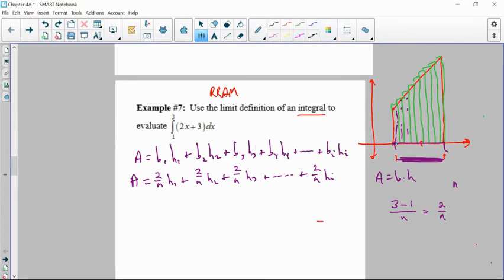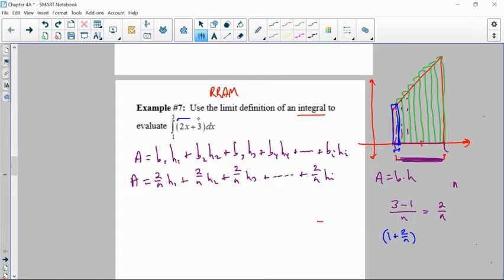This first rectangle right here. The height that we're choosing is on the right side of that rectangle. So what is that point? Well, it's whatever the distance that interval is away from 1. So starting at 1, you're just 2 over n, wherever the increment is, away from that starting point. We take that value, we put it in the function, we see how high it is.